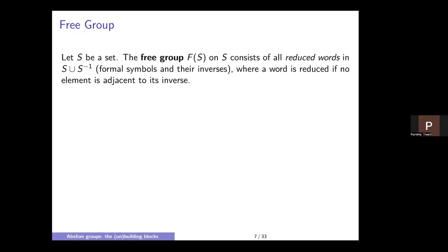These are the simple notations as we follow in set theory and others, where a word is reduced if no element is adjacent to its inverse. Which means that suppose we have an element a in S and an element b in S. Since we are constructing a group, we also take their inverses to be in S.